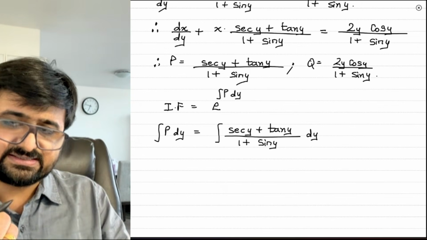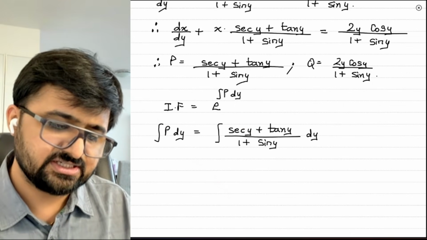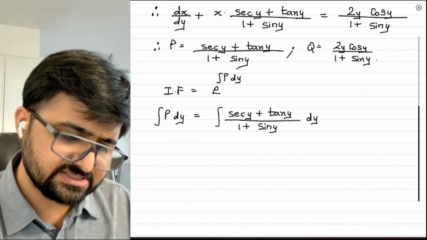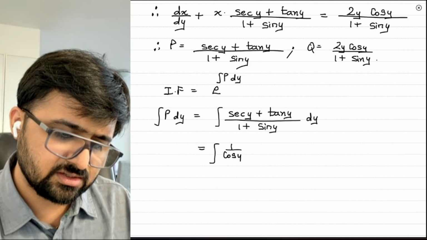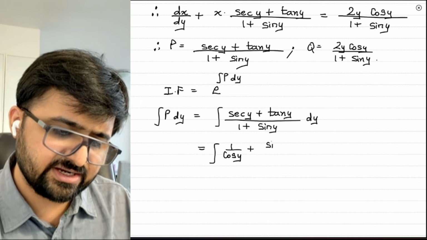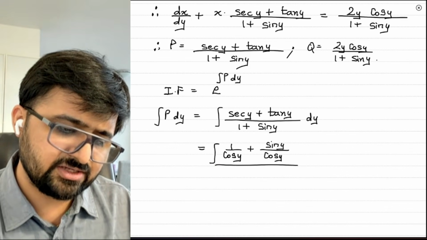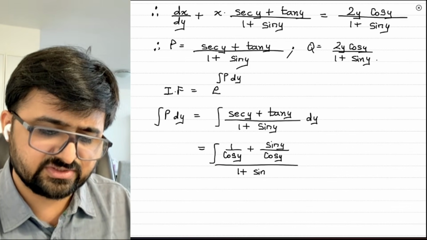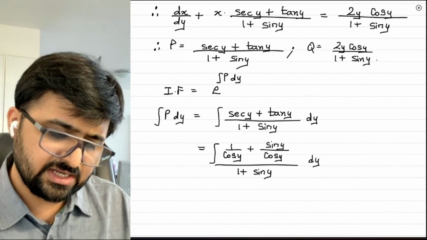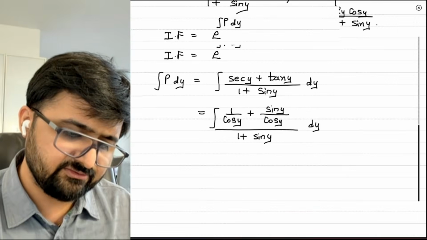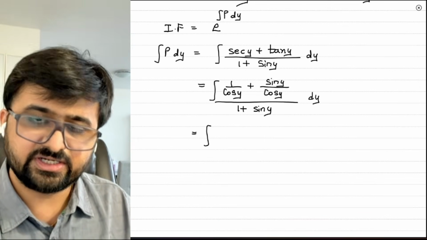How do we integrate this? The best approach that I can see is to convert everything into sine and cos. So we can write sec y as 1 upon cos y, and tan y as sine y upon cos y, divided by 1 plus sine y. Now in the numerator, the denominator is the same, so the numerators get added.